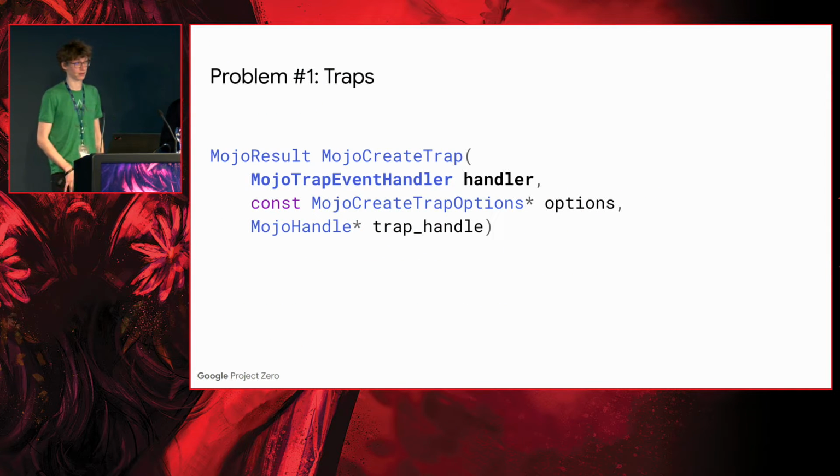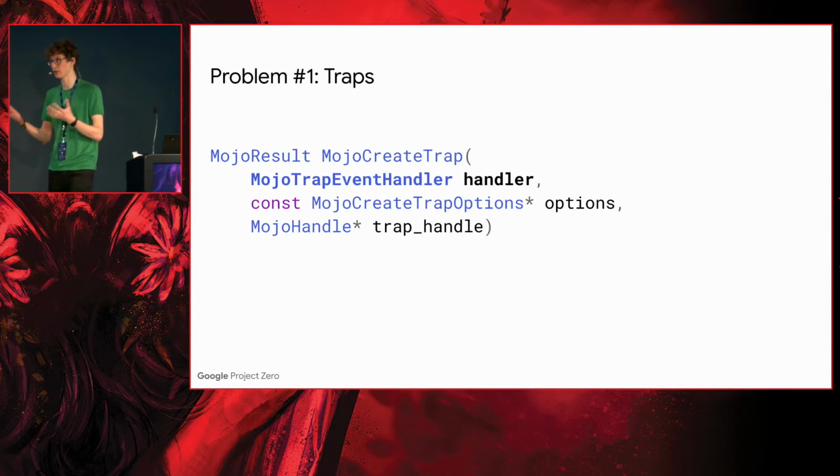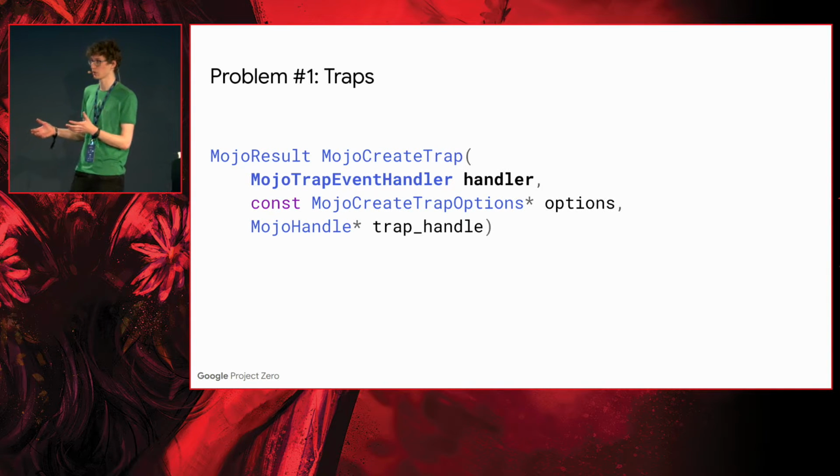However, there is another 10%, right? And I guess I need to explain briefly what a trap is. So we've been talking about message pipes and sending messages between processes, but Mojo doesn't just poll message pipes to see when there is a message ready.